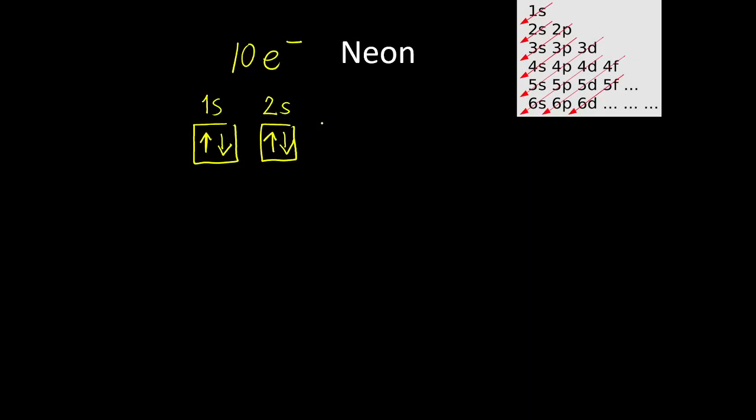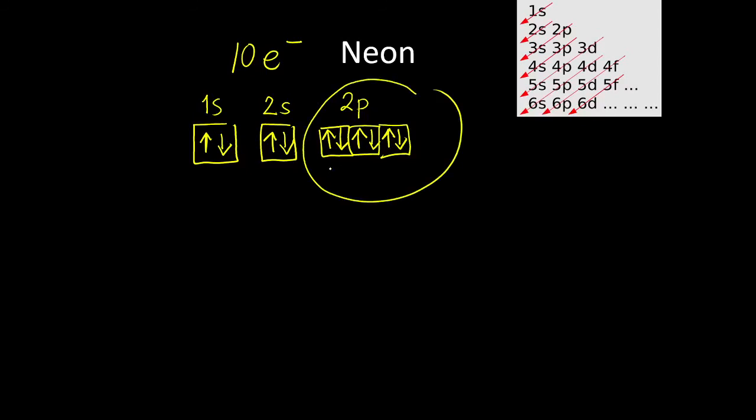Kasi sunod sa 2s? 2p. 1, 2, 3. 1, 2, 3. By the way, pila ka arrows akong ibutang? 6. So, you fill up na to tanan. So, all in all, nanatay 10 electrons ana ha. So, take note of this. This is negative 1, 0, positive 1.